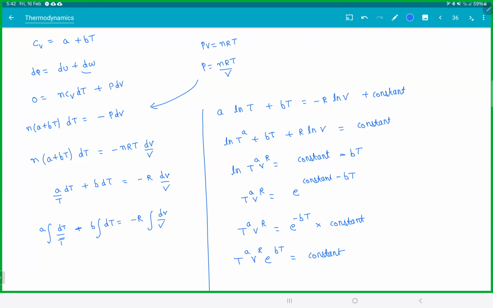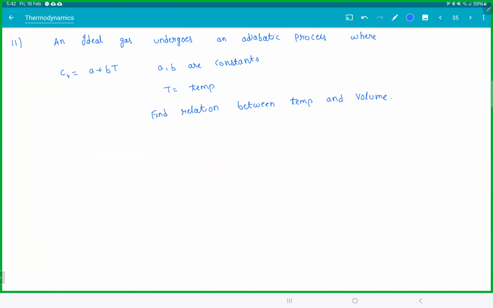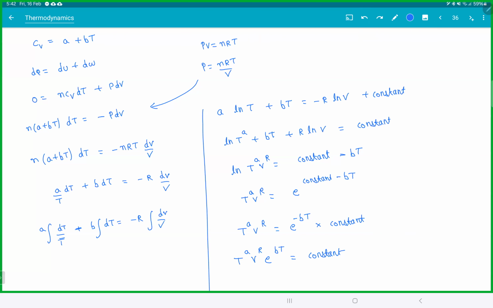Okay, but this is dW. This is not work done. This is not delta W. This is dW. What you're saying is integral P dV, right? Same thing, but we don't use that here. You don't even know what gas it is, isn't it? Nothing is mentioned. So, clear? Next one.